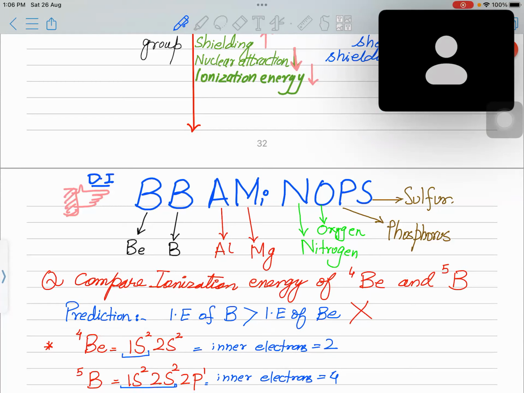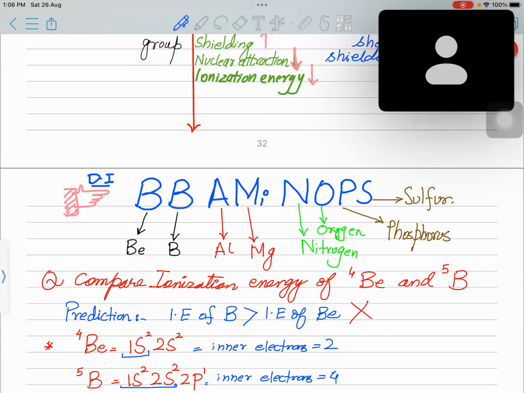Can you tell me the relationship between beryllium and boron? Which one has more ionization energy? Boron, right?